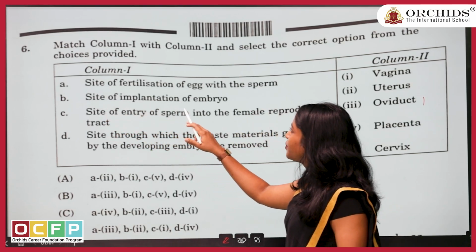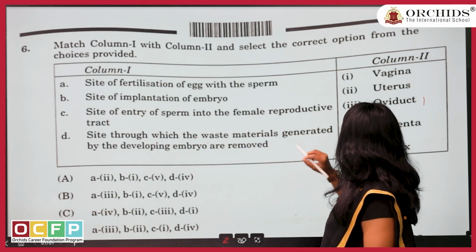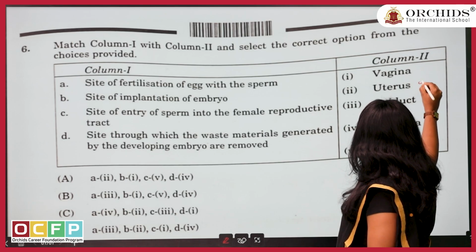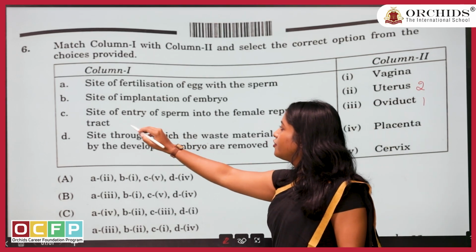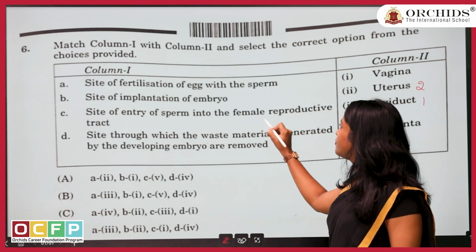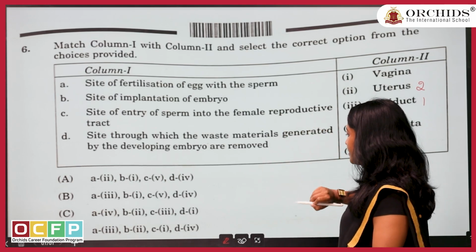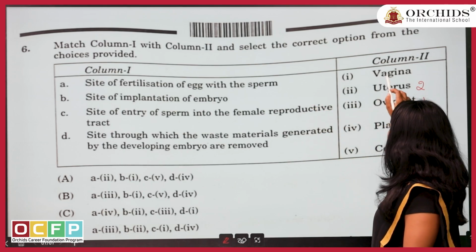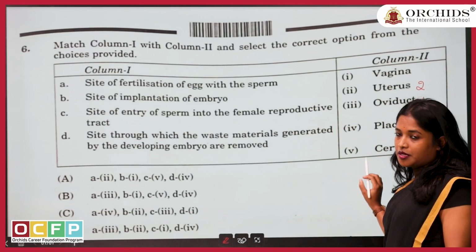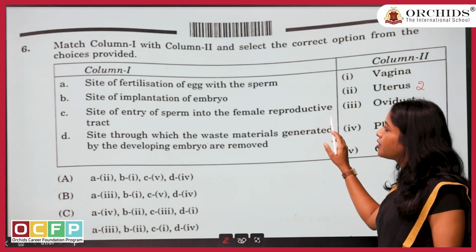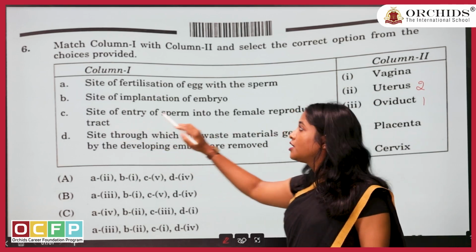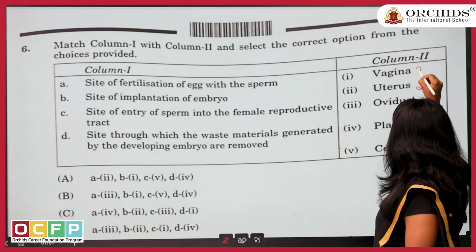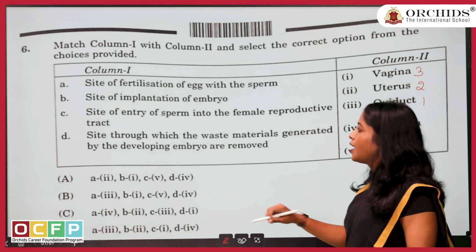Second, site of implantation of the embryo, that happens in the uterus. Site of entry of sperm into the female reproductive tract, you might be confused with vagina and the cervix. But since it is mentioned female reproductive tract, that happens in the vagina, so that will be option 3.